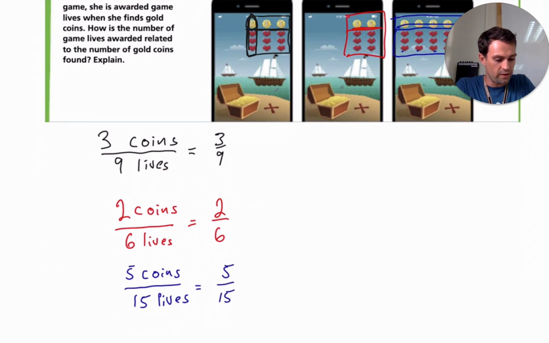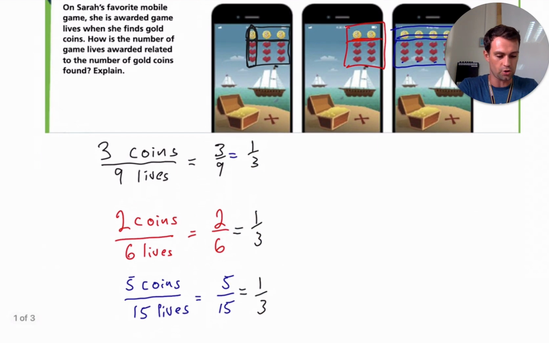All right, 3/9 is equivalent to 1/3. 2/6 is equivalent to 1/3. 5/15 is equivalent to 1/3. All of these fractions can be simplified the same. They are all the same. So this is proportional. So how is the number of game lives awarded related to the number of coins found?